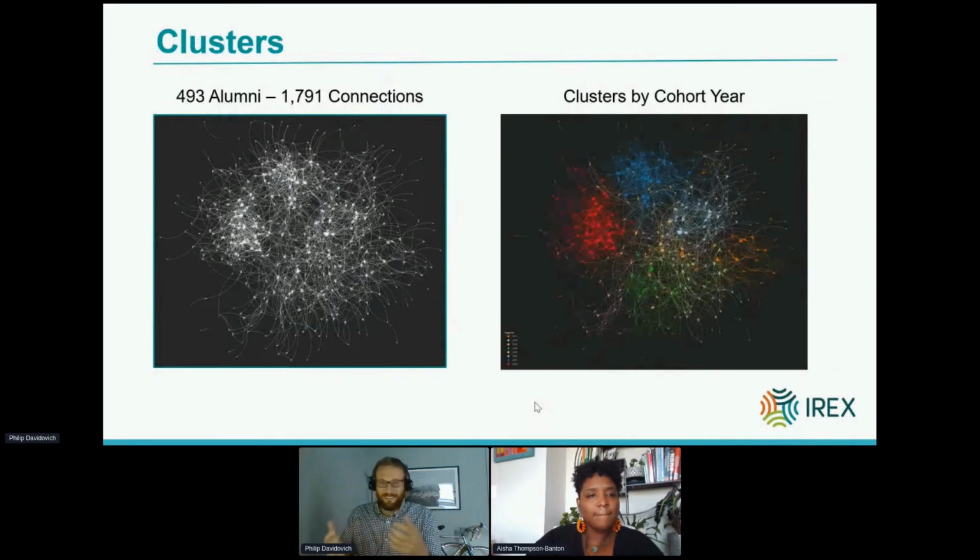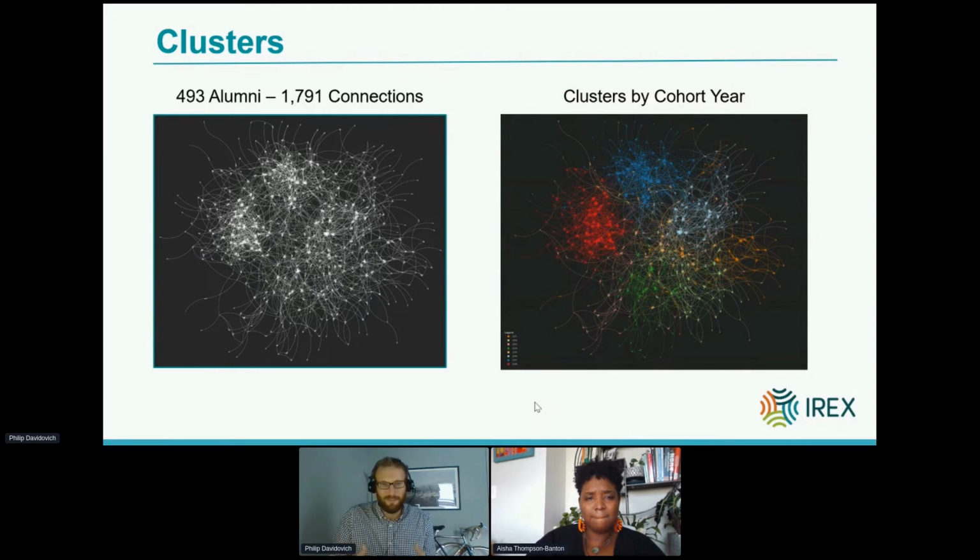So the first method is clusters. On the left-hand side is the example we were talking about. With the alumni network survey, we got a very robust 493 responses, which represent 89% of the total alumni, and that constituted over 1,700 connections independently. That's what produced this very overwhelming graph.